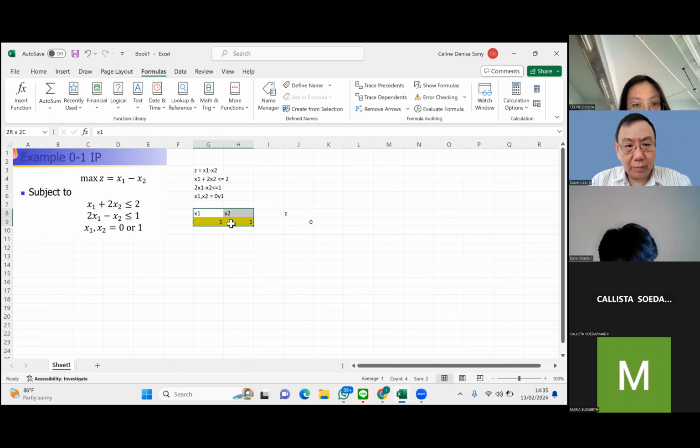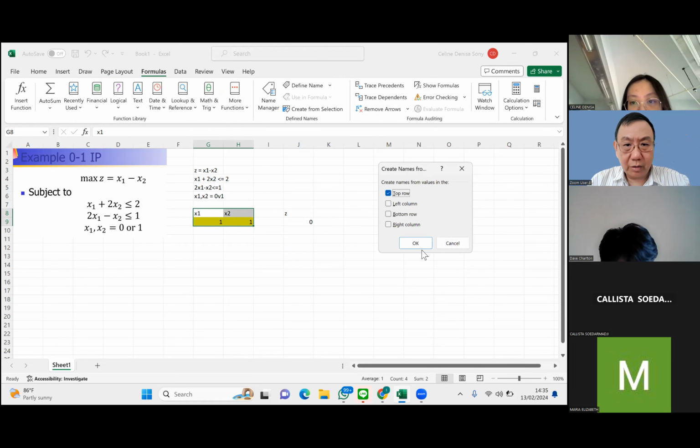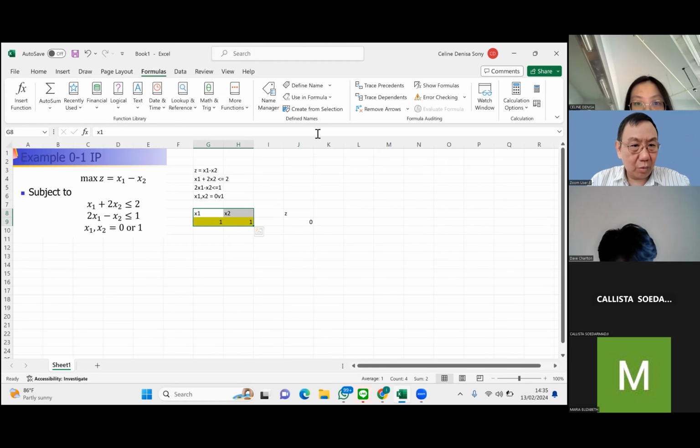Highlight both of them, and then select create from selection again. Formula, create from selection, top row. Click OK. So you can go to G9. Oh, there, it already gives you the name of the variable. So now you have defined the variables.